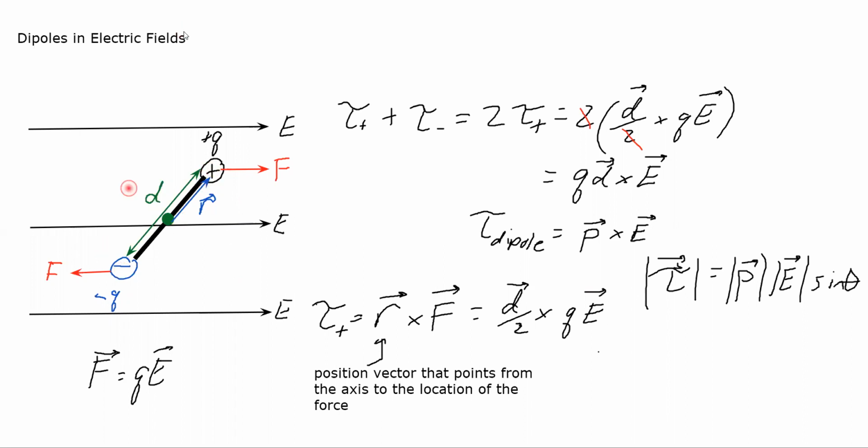Once the positive goes below this line and the negative goes up here, the direction of torque is going to be the opposite direction. It's going to be a counterclockwise torque instead of that clockwise. So you eventually would see that oscillation. But I'm just interested in calculating the torque acting on this dipole. So this is it right there.